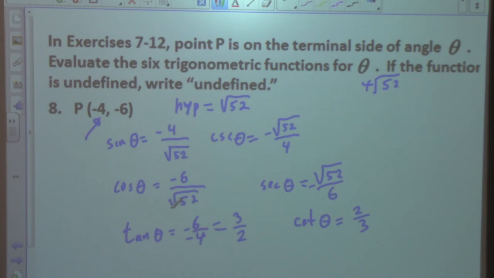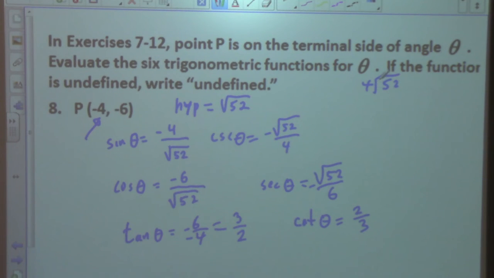Opposite over adjacent, cosine is x and our sine is y. Our adjacent is x and our opposite is y. Right? So this is right, isn't it?